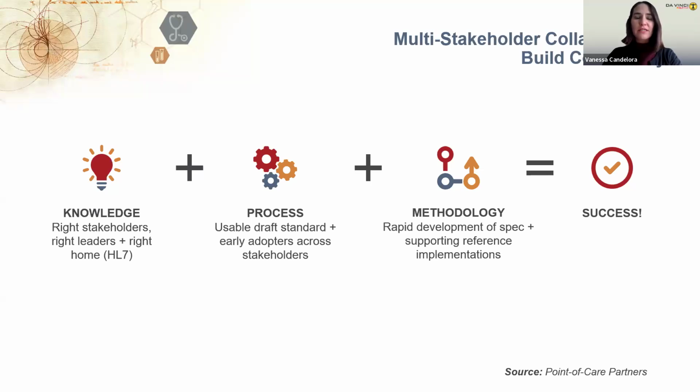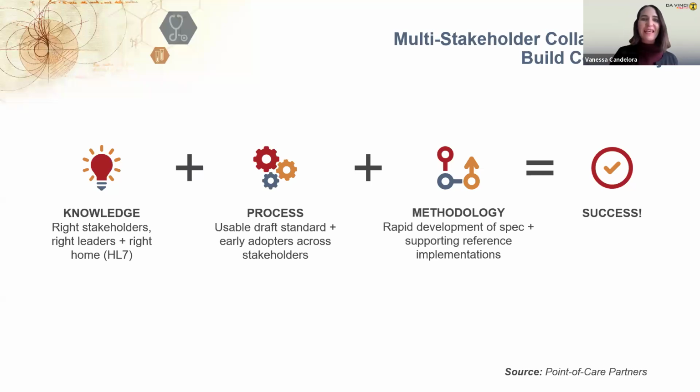So it's building a community that brings the knowledge, experts in the field across the industry, the right stakeholders and leaders in the right home, a standards development organization, plus a process to use draft standards that are built out in the open, in the public sphere, with early adopters that want to address these needs using this FHIR technology, and can adopt it across stakeholders.